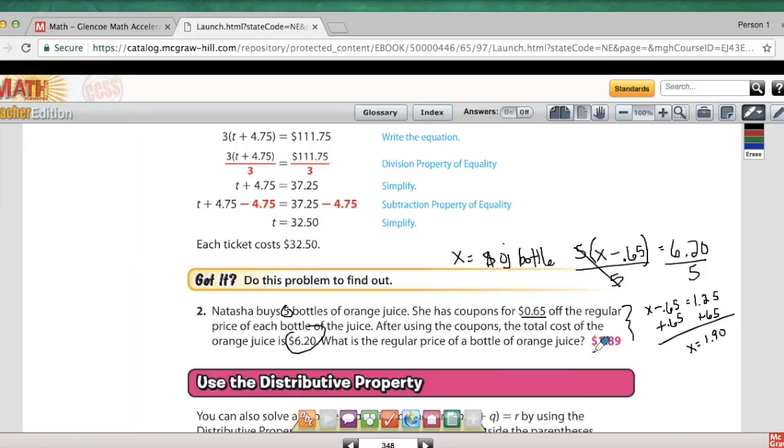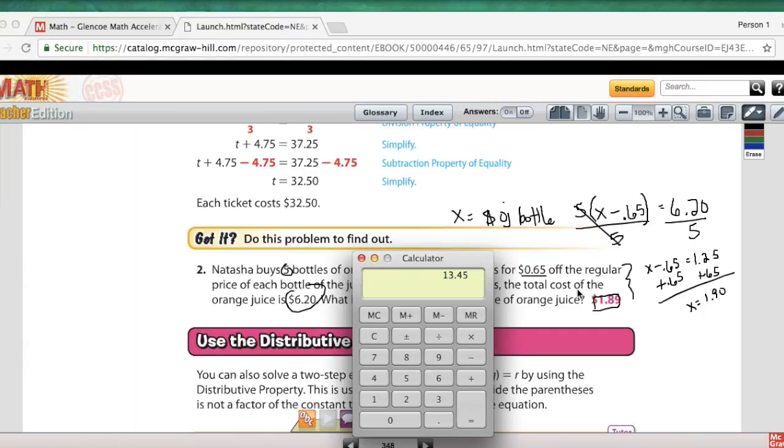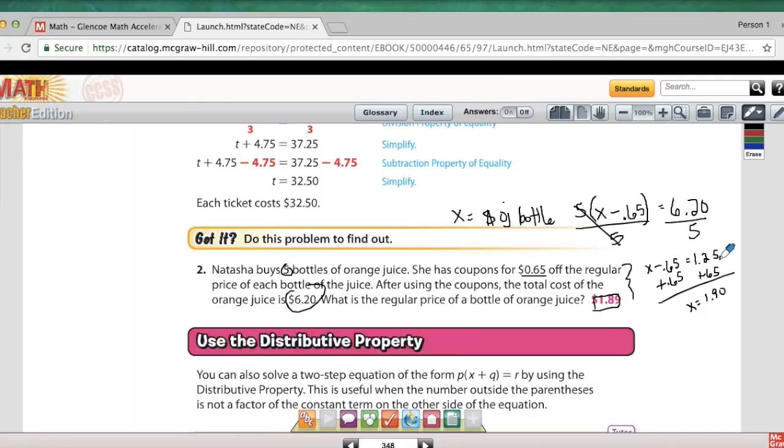Where did my extra penny come from? $6.20 divided by 5, $1.24. There's my mistake right there. There's my extra penny. That should be $1.24, not $1.25, which makes it $1.89 for the right answer.